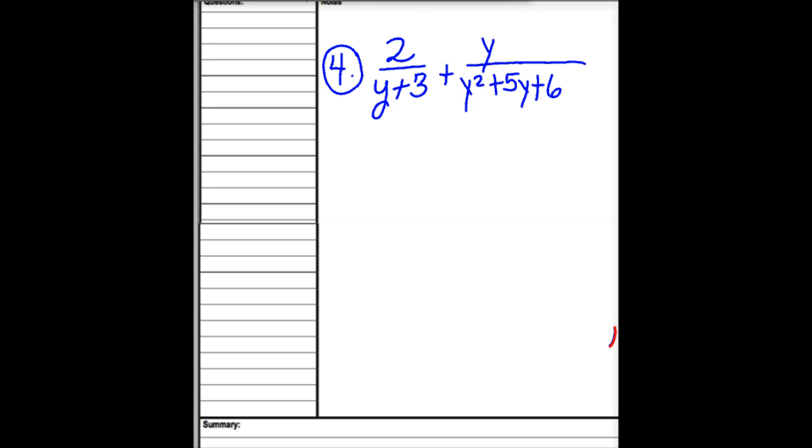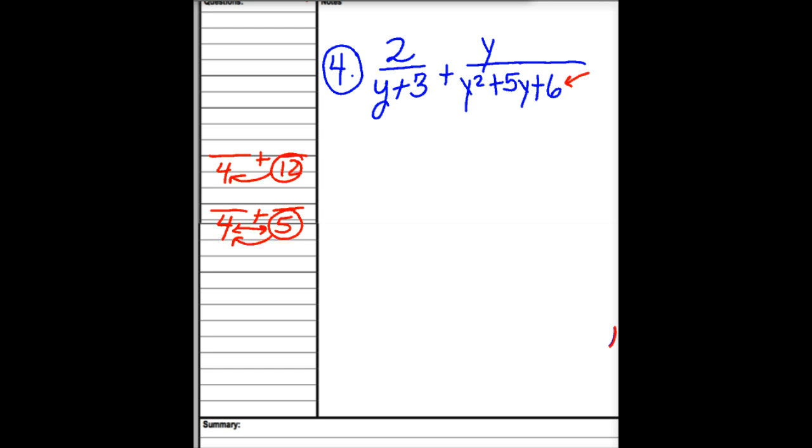So I grab what looks like the larger of the two, and I ask myself, does it contain a y plus 3? It's kind of like if one of the bottoms was 4 and one of them was 12. Does 12 contain 4? It does. So what that means is your LCD is 12. If I was doing it between 12 and 5 and I say, does 5 contain 4? The answer is no. So then I use the product of the two or any non-shared factors.